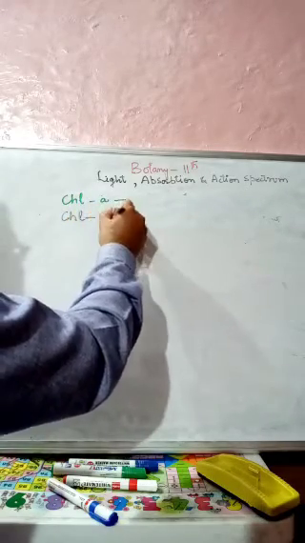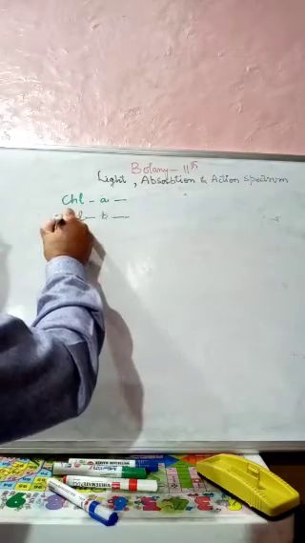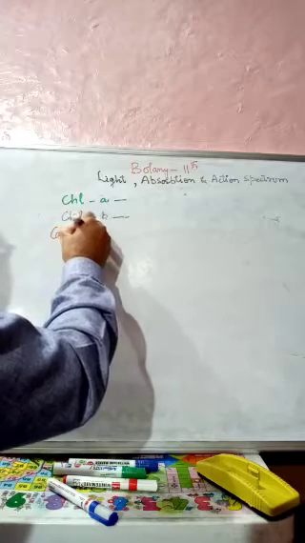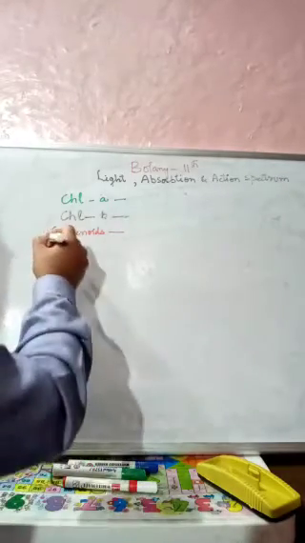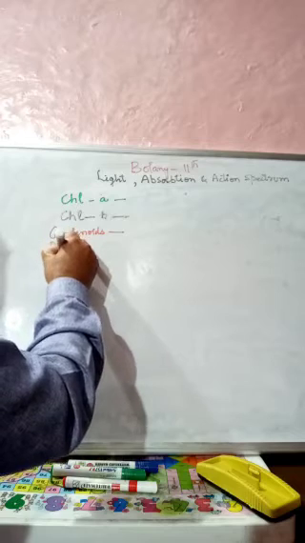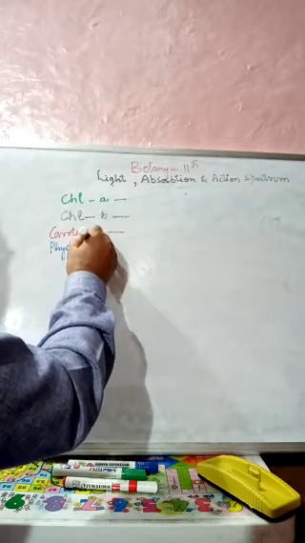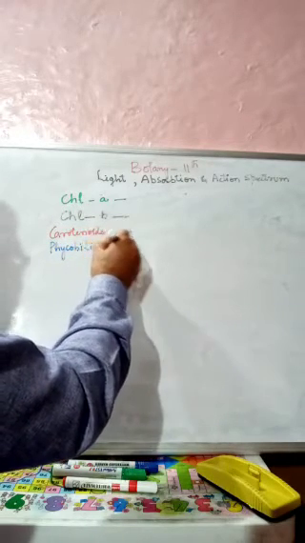Then we have one more, carotenoids. Let it be with red color. Then we have phycobilins. Let it be with blue color. Now draw the graph.